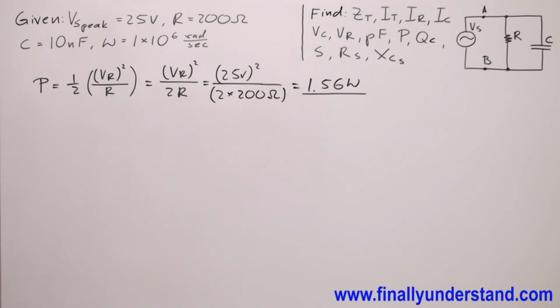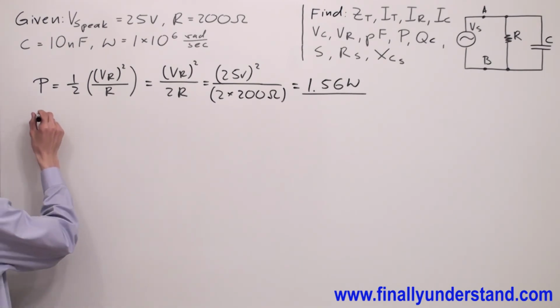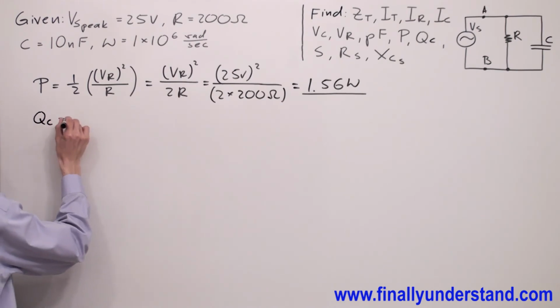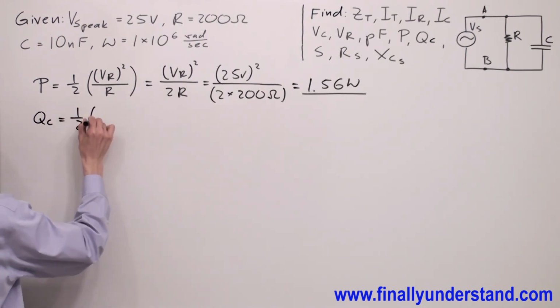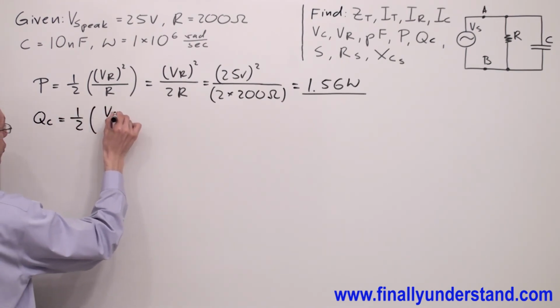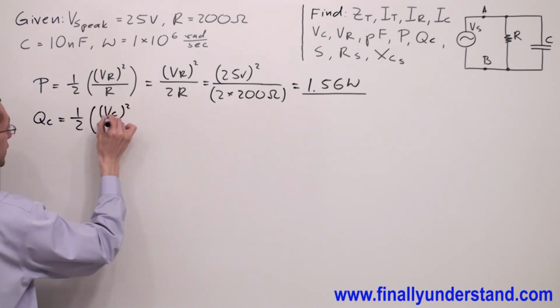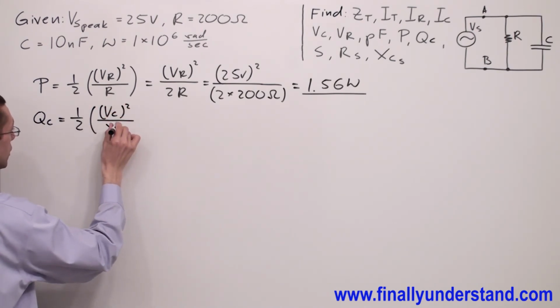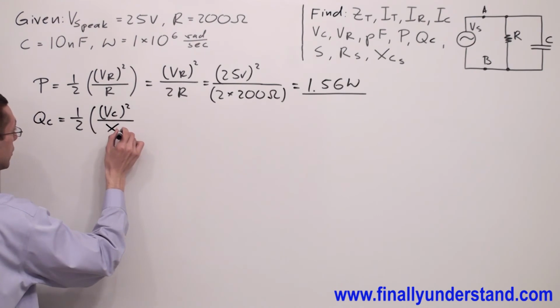Next, we're supposed to find the reactive power. QC is equal 1/2, and I have voltage across the capacitor raised to the second power over the capacitive reactance.